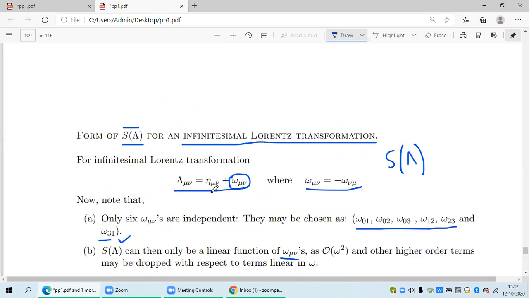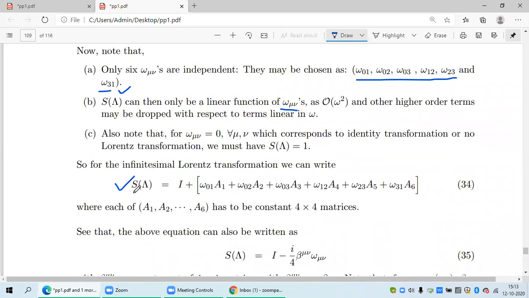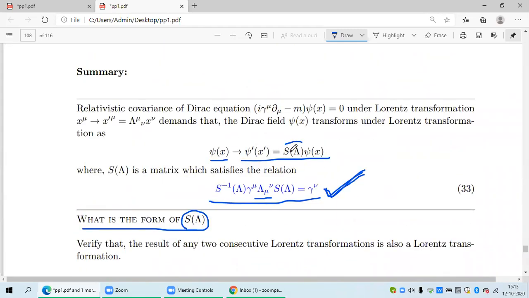This 1 comes from the fact that when all these omegas are 0, this matrix is just the identity, or in this form it is the Minkowskian metric. Therefore, when all the omegas are 0, S must be identity, because the Dirac field then doesn't transform. Sorry, lambda is not identity here.